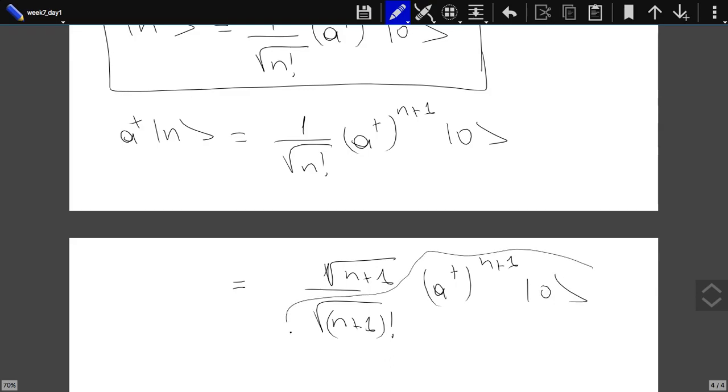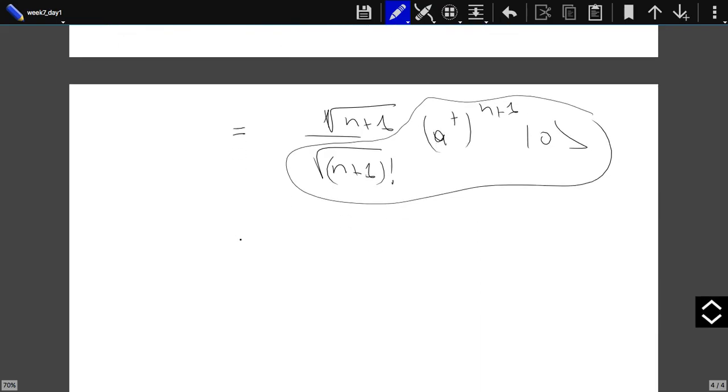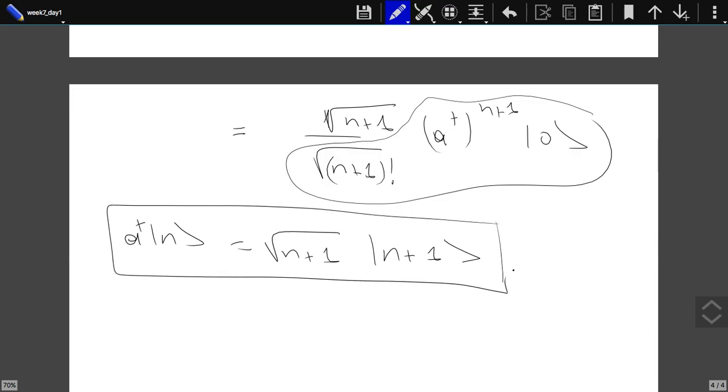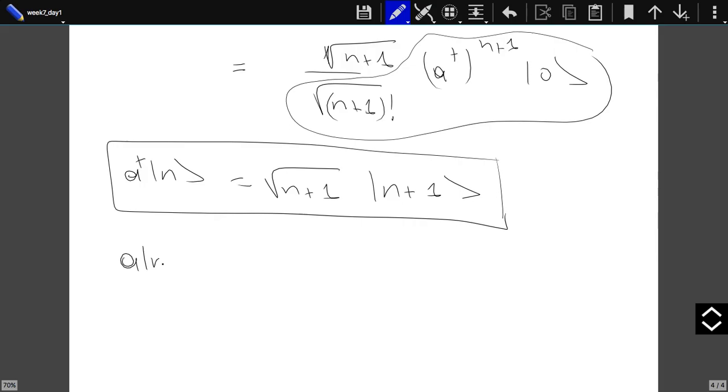But you see this combination over here is just what I call the properly normalized |n plus 1⟩. And A acting on |n⟩.